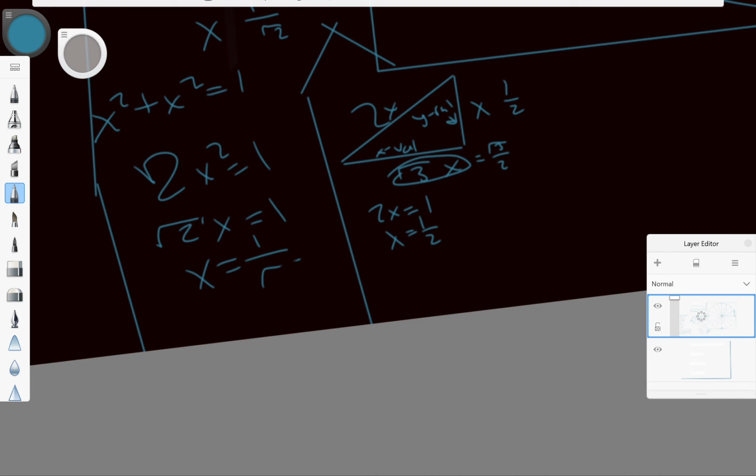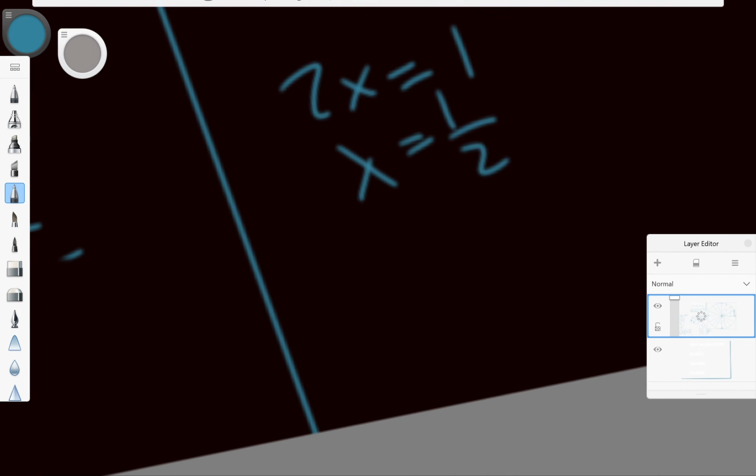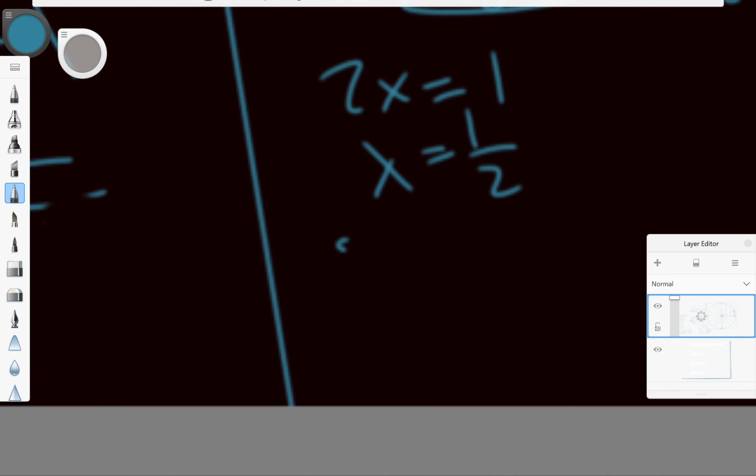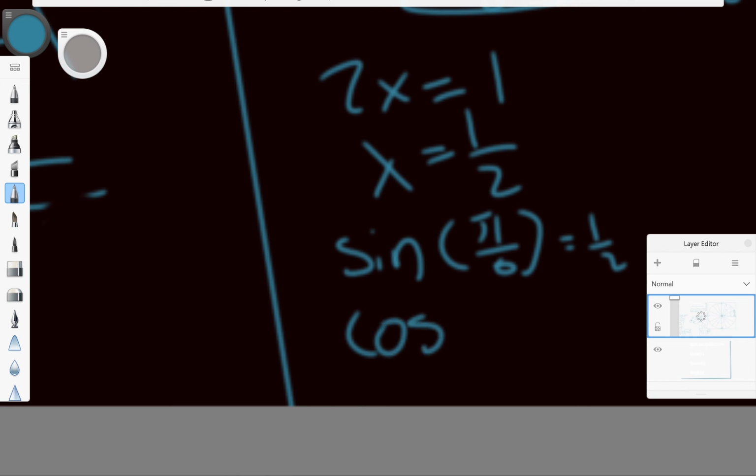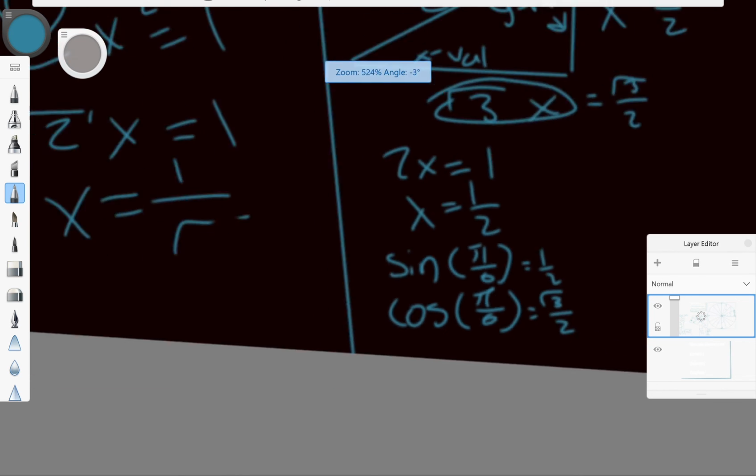Sine is y, x is cosine. So sine of pi over 6 equals 1/2, cosine of pi over 6 equals root 3 by 2.